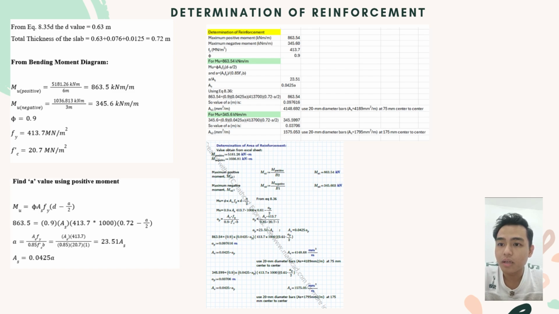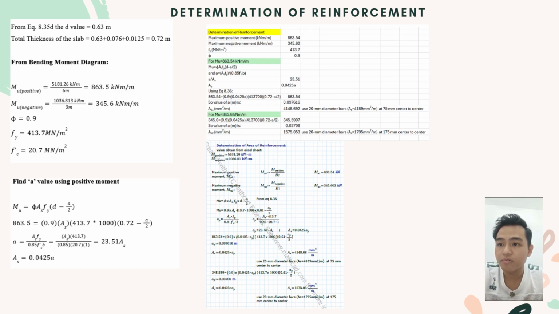As you can see, the value of a is 23.51 As. Hence, the As is equal to 0.0425 a. And then from the maximum moment, the a value is 0.0976 meter.